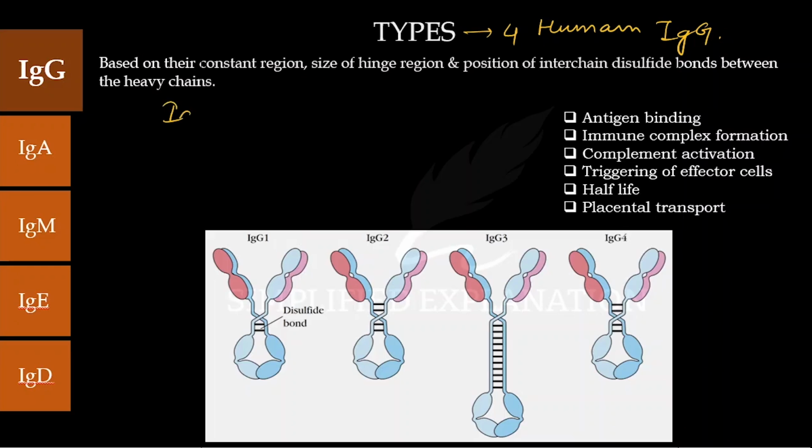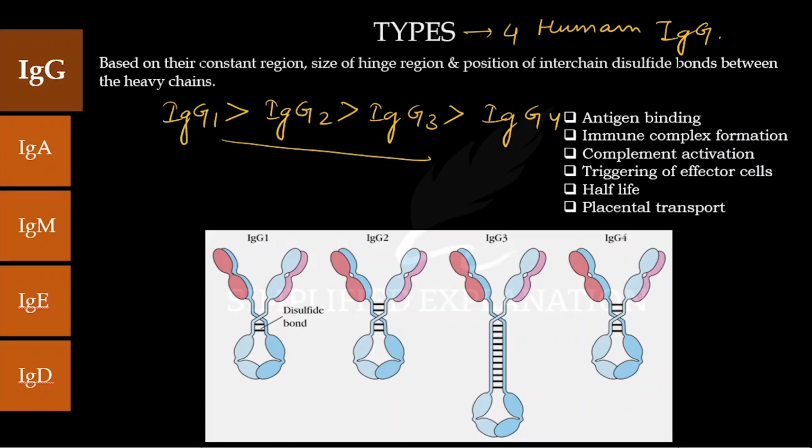Means IgG1 is more abundant than IgG2, more abundant than IgG3, and then IgG4. So there is a decreasing average serum concentration.